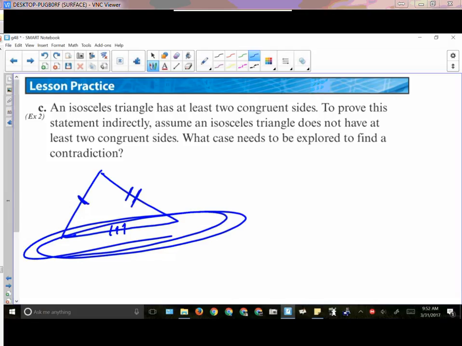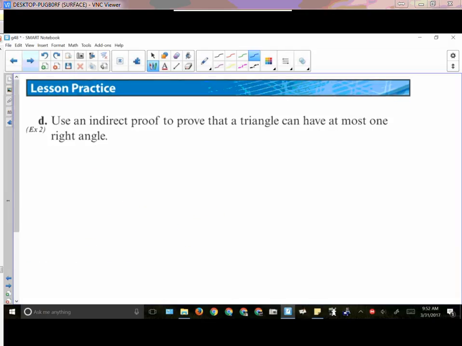Does that indicate that none of the sides are congruent? I would have to consider that we have an isosceles triangle that has no sides congruent. Of course, that doesn't work in an isosceles triangle, but let's do it like this. That makes sense? We're always looking for what does not work.